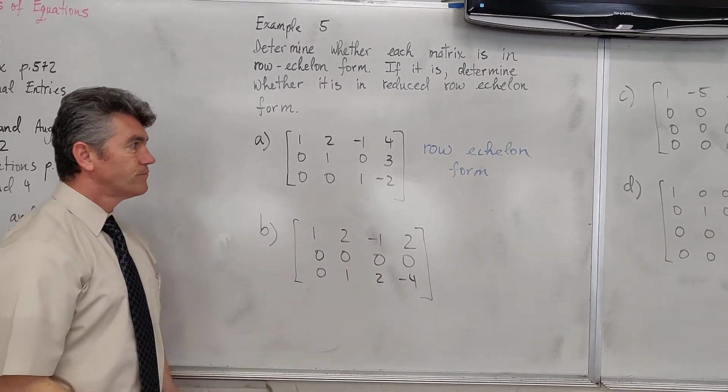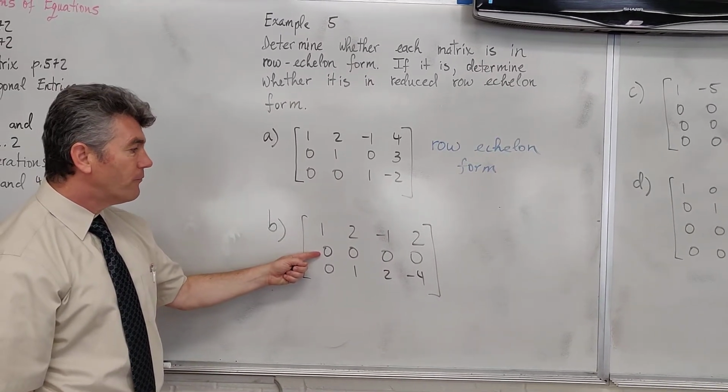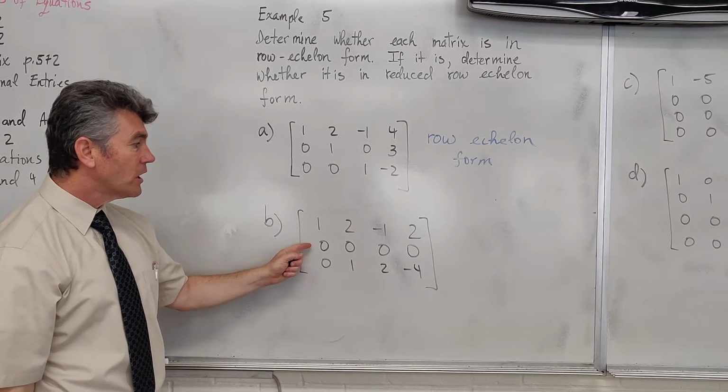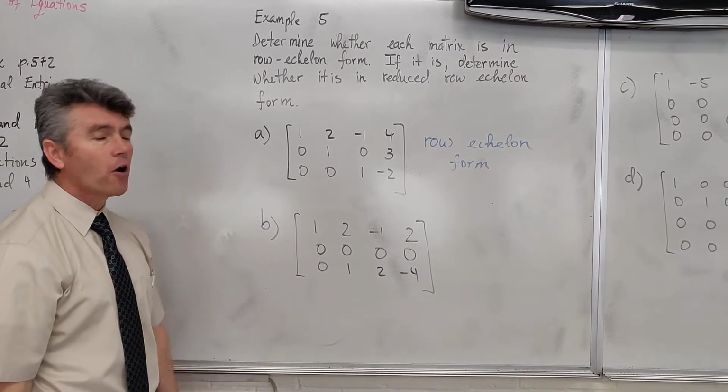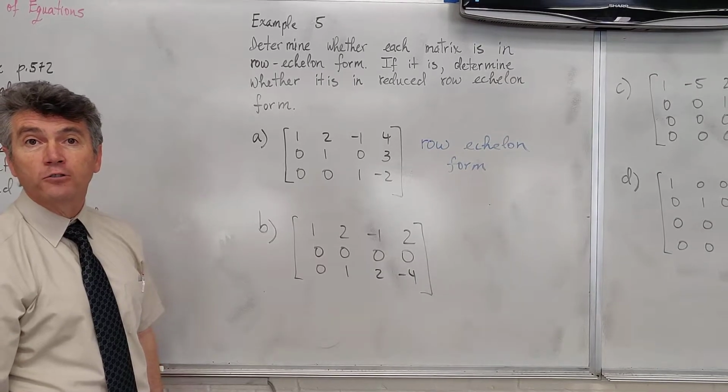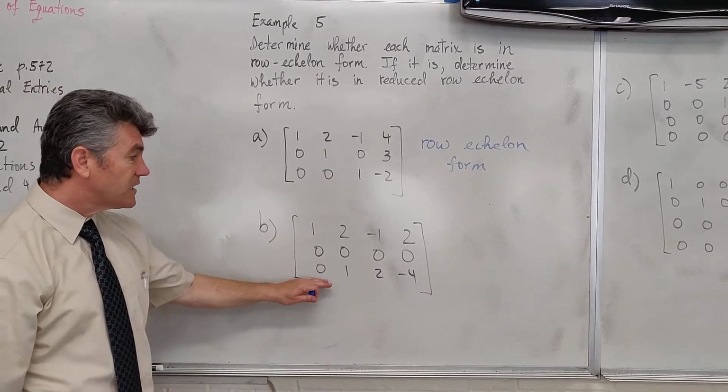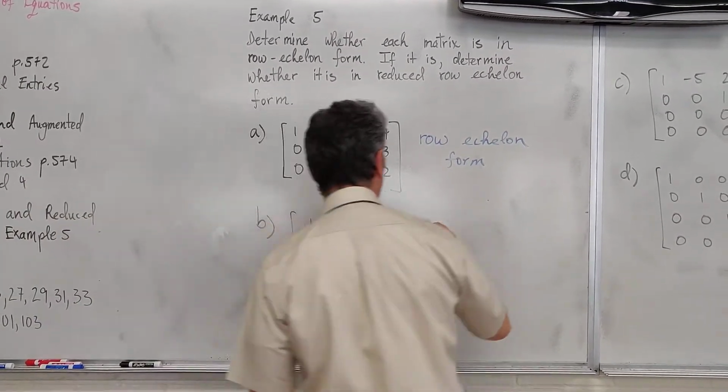B. What's the problem here? Where do you see the zeros? You see the zeros in the second row. Where are the zeros supposed to be? At the bottom.